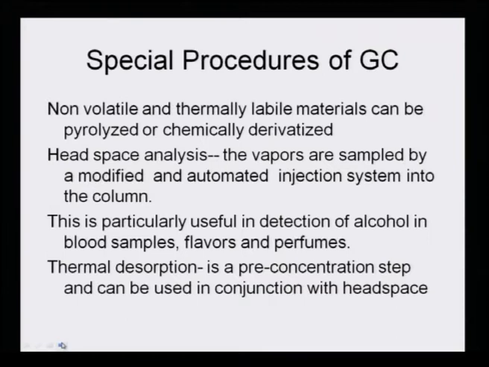So, now when there are gaseous samples, certain other modifications are needed, because how to inject that sample into the gas chromatograph for the separation, for the detection. So, these are headspace, thermal desorption, these are modifications to inject the gaseous sample into the gas chromatograph.